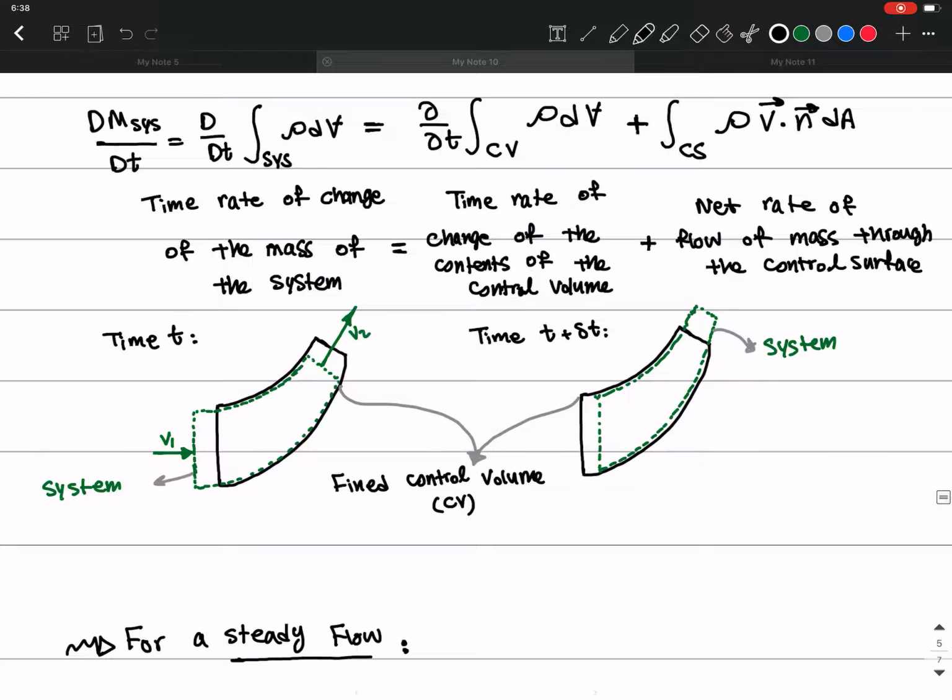So for a steady flow, the time rate of change of the mass of the contents of the fluid of the fixed CV is 0.